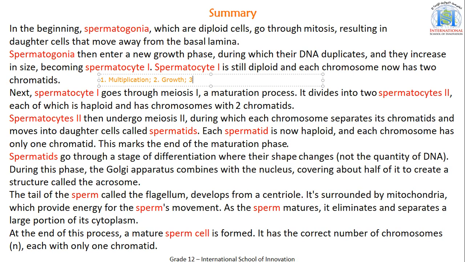We have maturation, meaning all the meiosis, meiosis 1 and meiosis 2. At the end of the maturation, I have spermatids. So now it's the differentiation of a spermatid into a sperm cell. I will repeat. Multiplication means mitosis, growth means duplication of the DNA, maturation is meiosis 1 and meiosis 2, and differentiation means the spermatid becomes a sperm cell. Okay?